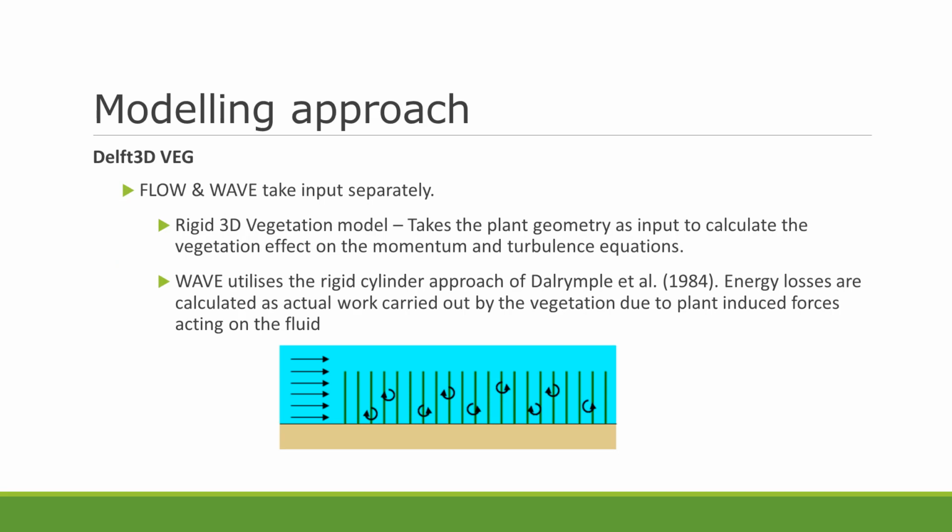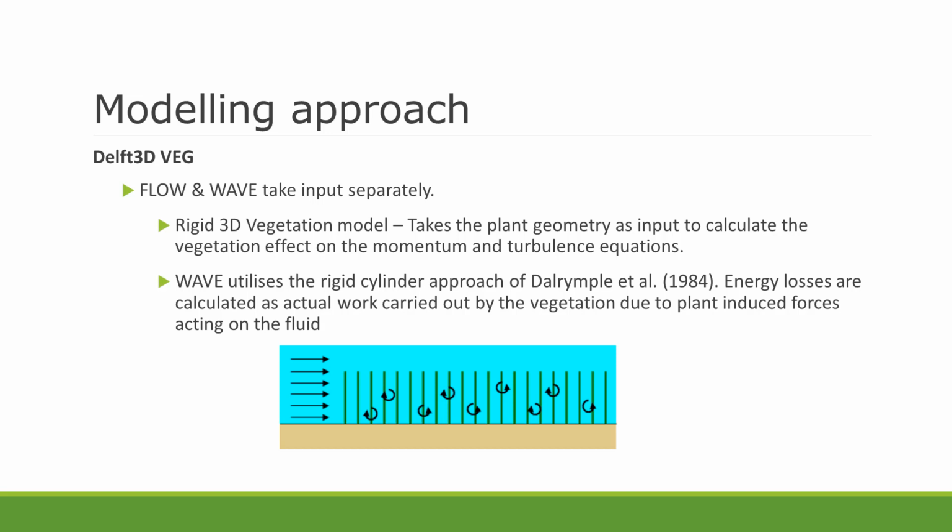Delft3D is made up of a number of modules to solve different processes. Within Delft3D, the different modules take input for vegetation separately. In Delft3D Flow, which utilises the unsteady shallow water equations in two depth-averaged dimensions, the vegetation is described by a rigid 3D vegetation model, which takes the plant geometry as input to calculate the vegetation effect on the momentum and turbulence equations.